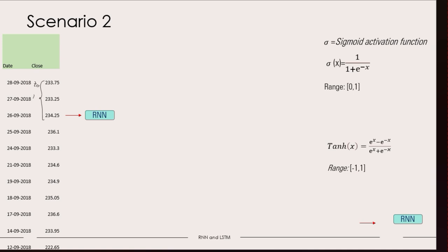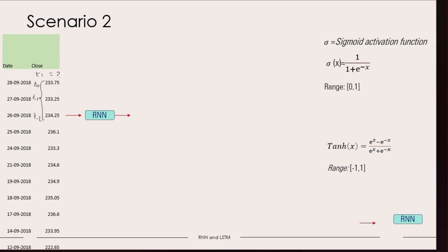Then this is my T minus 1 and this is my T minus 2, and I want to predict T1. T1 is equal to what? This is my problem. So I will start from T minus 2 and obviously it will give some output. This is my output.